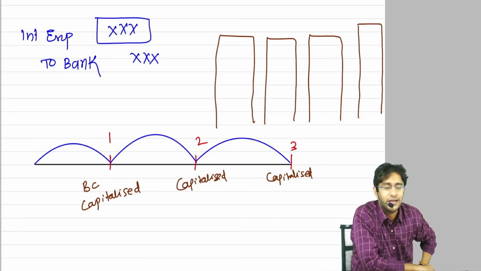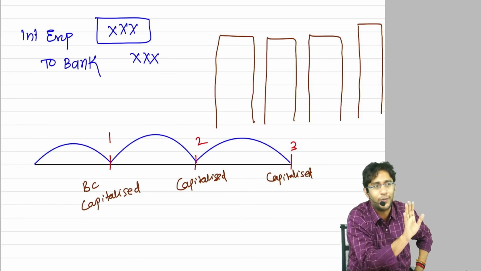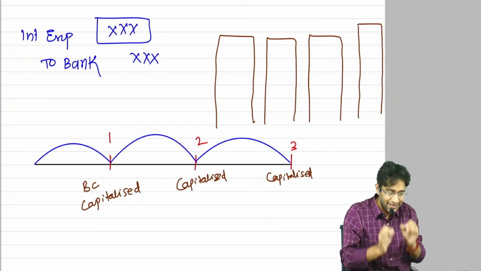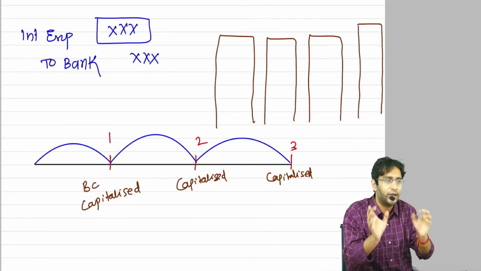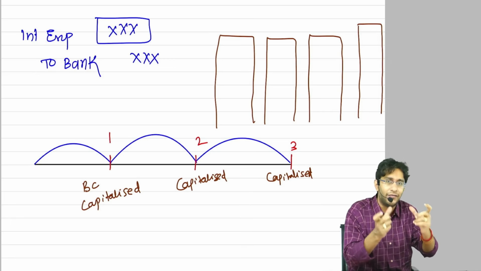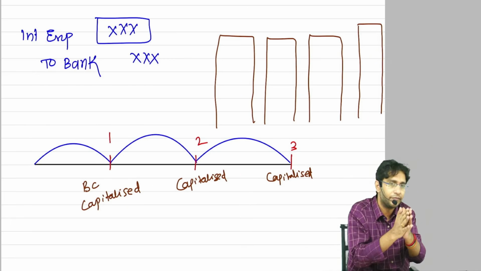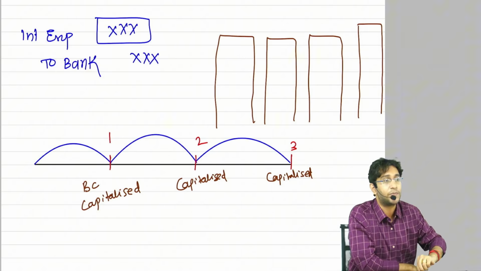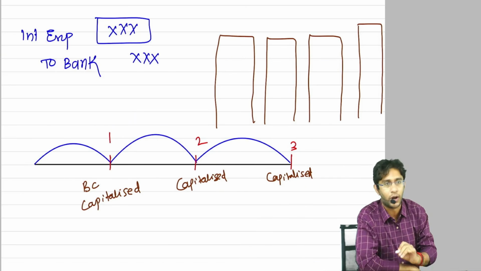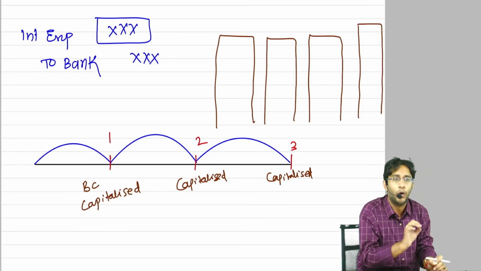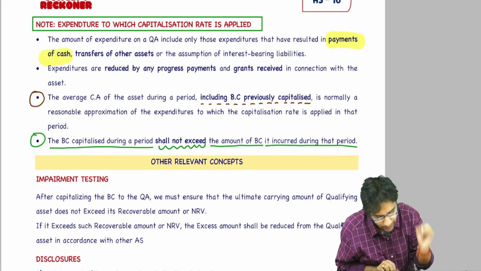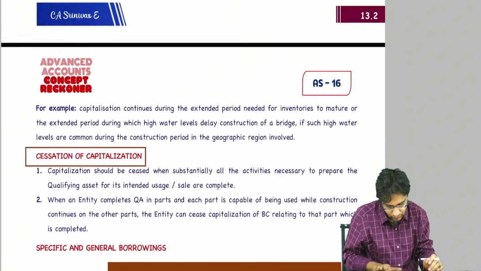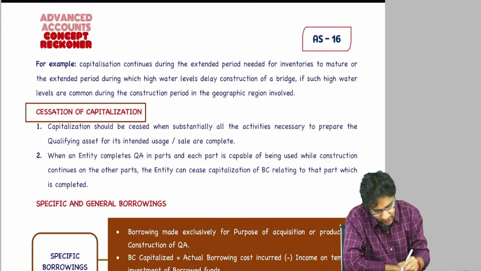The standard says, I don't want 100% completion. If the asset is substantially completed, if substantially all of the activities are done, that is enough. Stop capitalizing. The language is substantially all the activities must be over. 100% must be completed is nowhere in the standard. Now we'll show the verbatim of this. Read the language here.